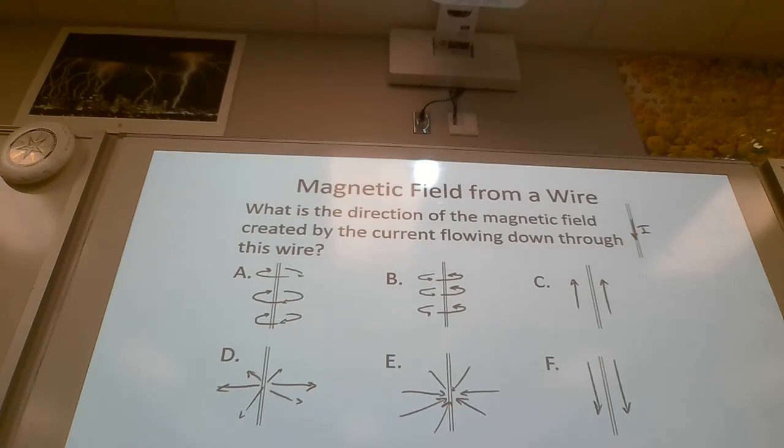Okay, correct answer is A. Everybody okay with that? Pretend your pencil is the wire, and grab the wire with your thumb going down. Your fingers are going in the direction of the magnetic field. Okay? Embrace the right hand rule. Okay? Everybody's doing it, man.